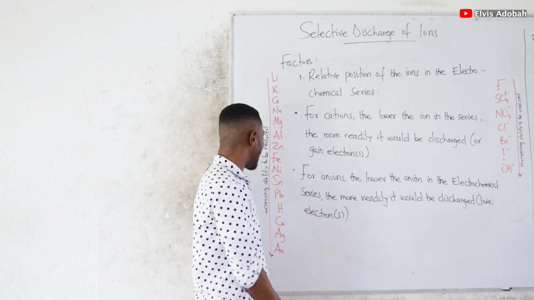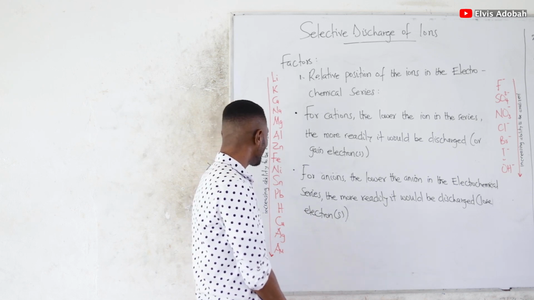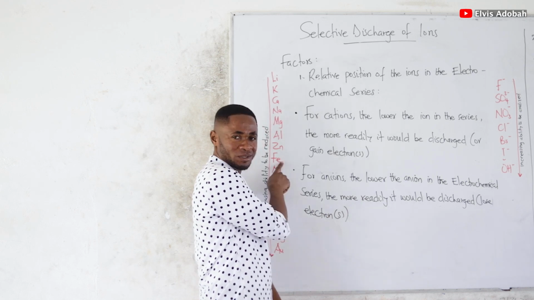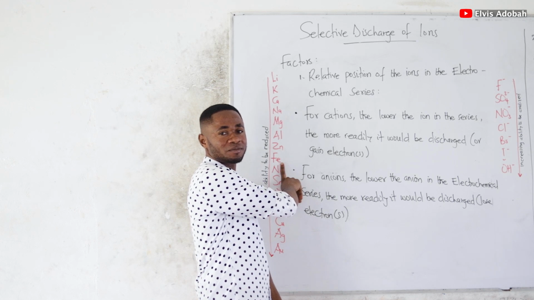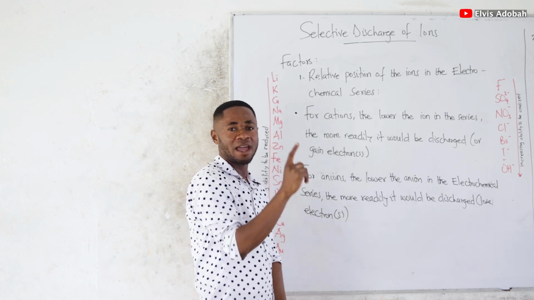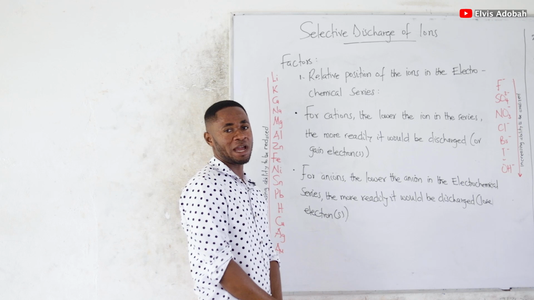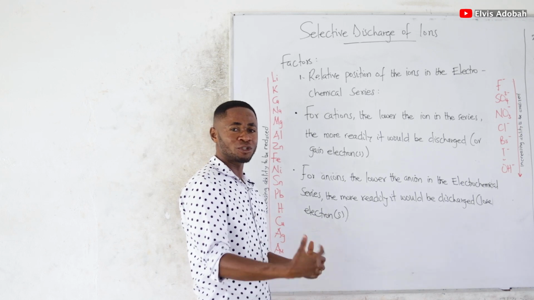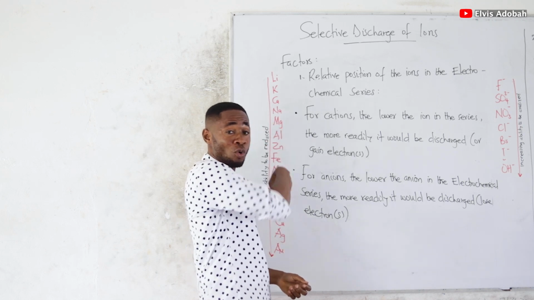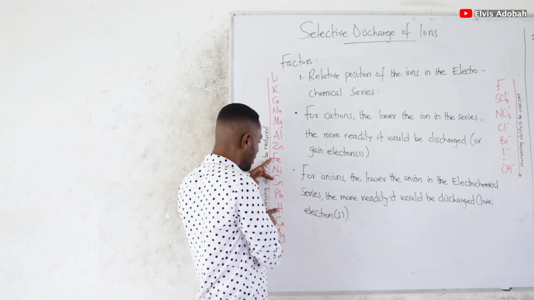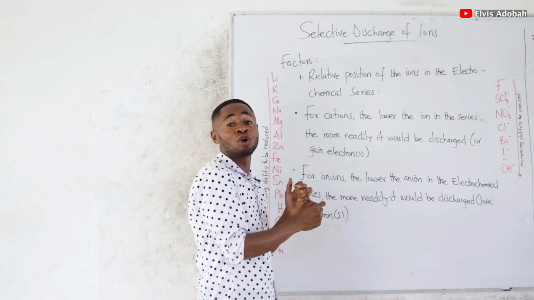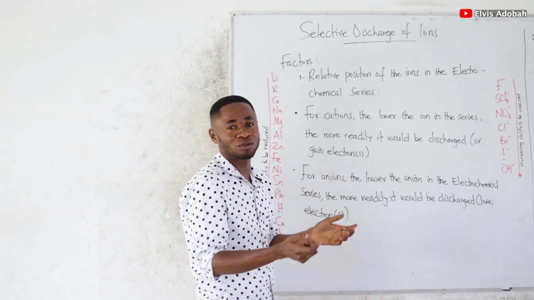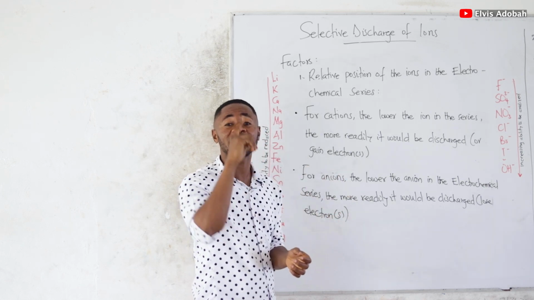So imagine we have iron 2+ ions and hydrogen ions at the cathode in our electrolytic cell. Who is going to gain the electrons? The one lower. So iron and hydrogen. Hydrogen is lower than iron. So hydrogen is going to gain the electrons. Iron will have to keep quiet and sit down.